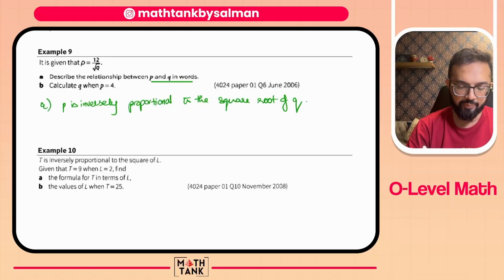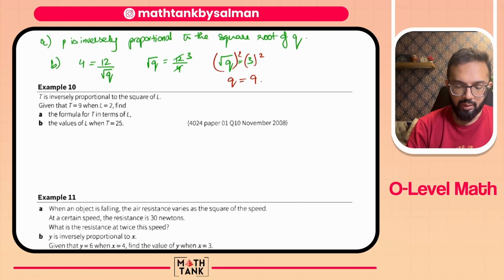I think that's easy. Root of Q equals 3. Square both sides. Okay, that was the last example.